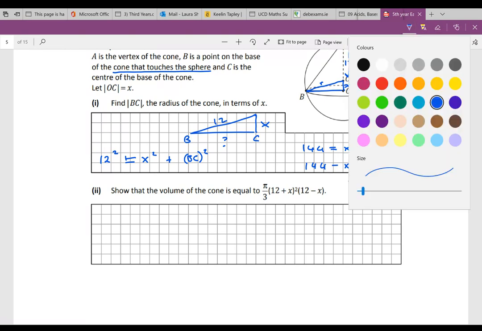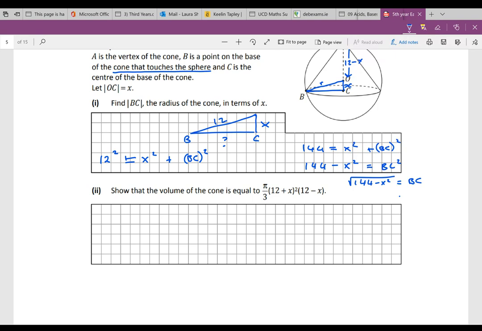The next question then asks you to show that the volume of the cone, so very first thing you're going to do is, volume of a cone is a third pi r squared h, is equal to 12 plus x squared times 12 minus x. So of the cone, I know that BC is the radius of the cone, and I've just found BC over here to be the square root of 144 minus x squared.